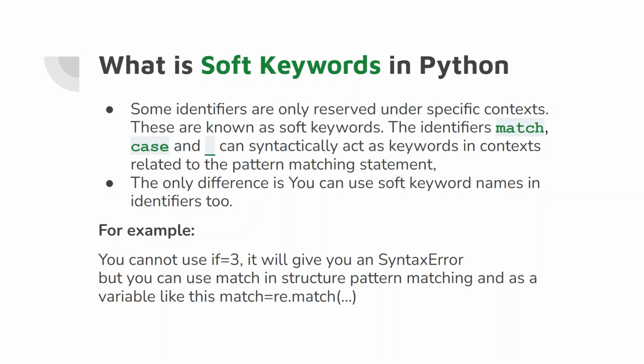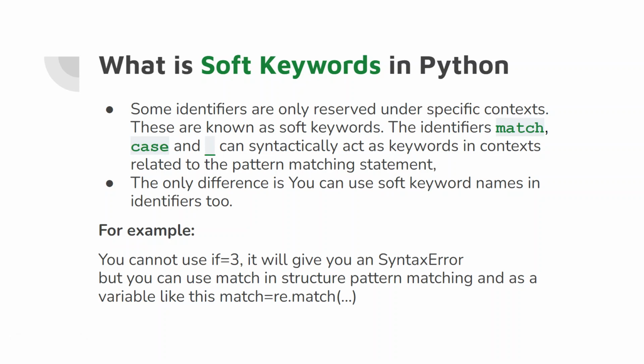In general people use these names to differentiate both kinds of keywords. You cannot use if is equal to 3, it will give you a syntax error, but you can use match in structural pattern matching and also as a variable, like this: match is equal to re dot match.